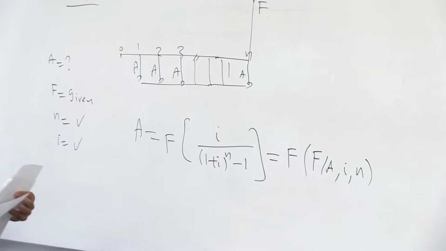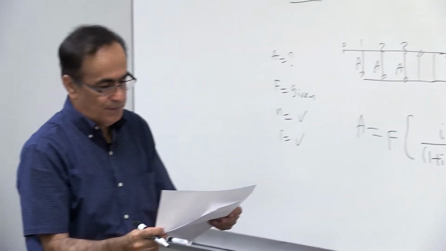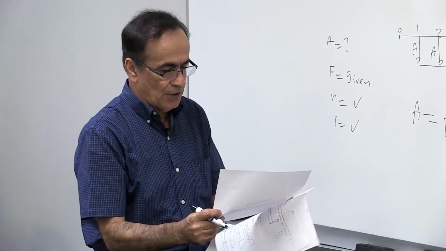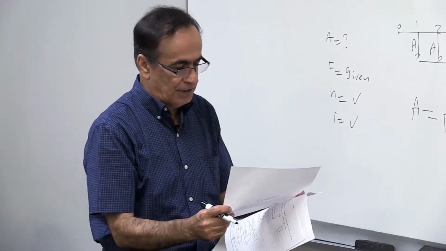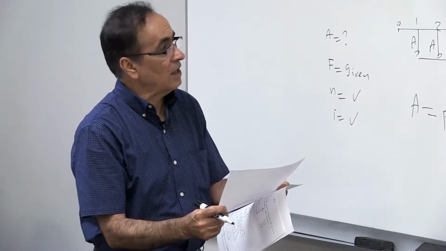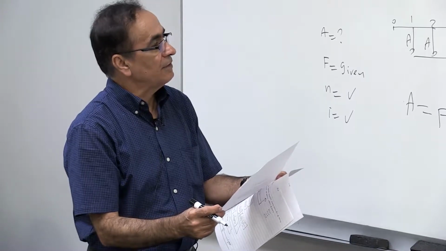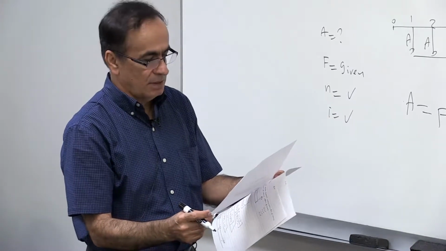So let's go back to refer to example 2.5. In this example, you want to know how much you should deposit every year for the next 10 years to have $10,000 10 years from now, if the interest rate is 10% per year.